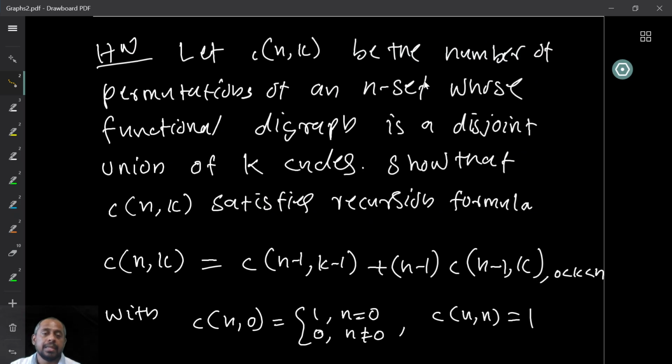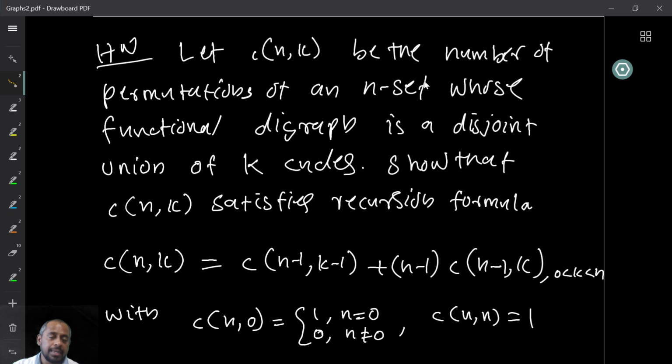Now, here is an interesting homework question. Let C(n,k) be the number of permutations of an n element set whose functional digraph is a disjoint union of exactly k cycles. Now show that C(n,k) satisfy the following recursion formula.